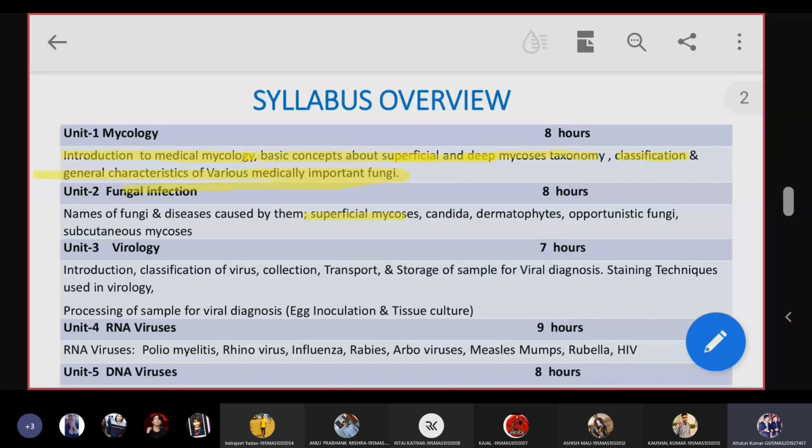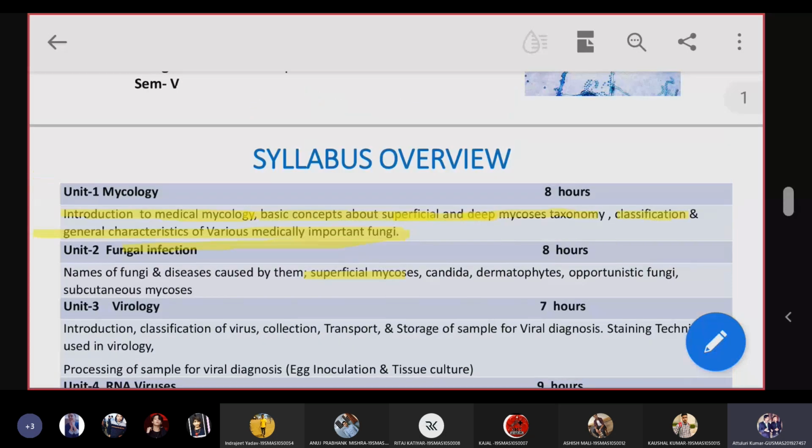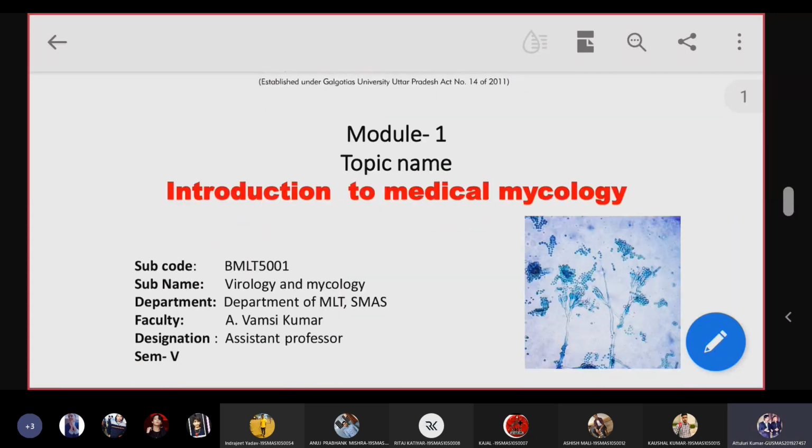Can anyone say the types of fungal diseases, students? We have superficial mycosis, subcutaneous mycosis, then systemic mycosis and opportunistic mycosis.